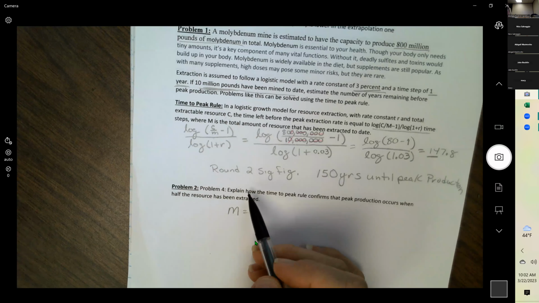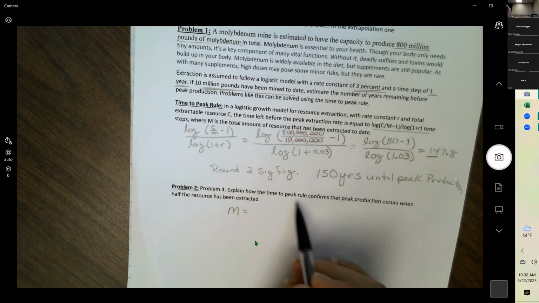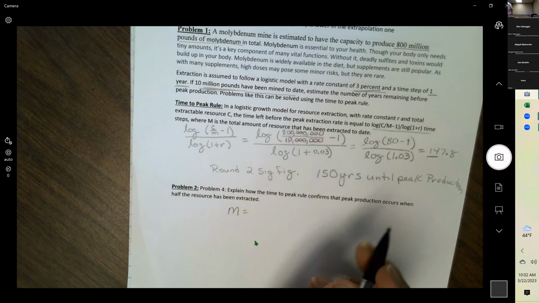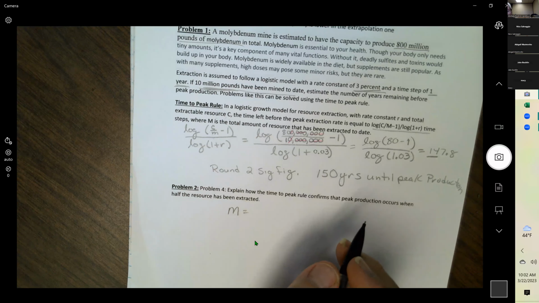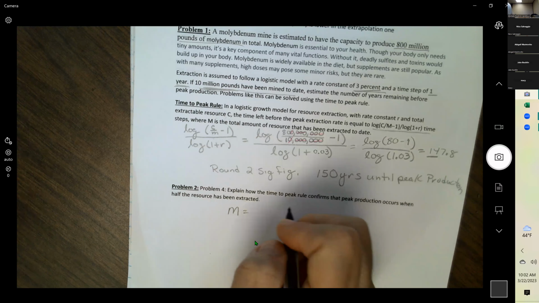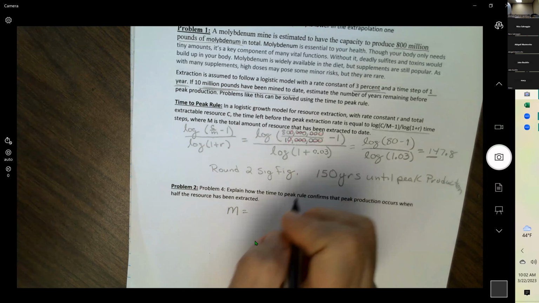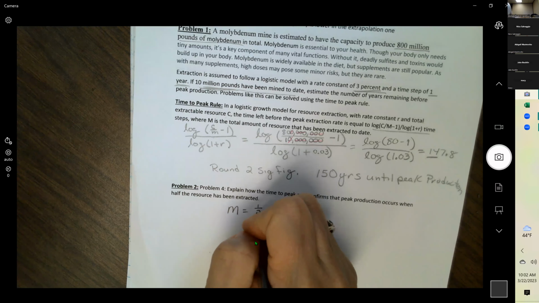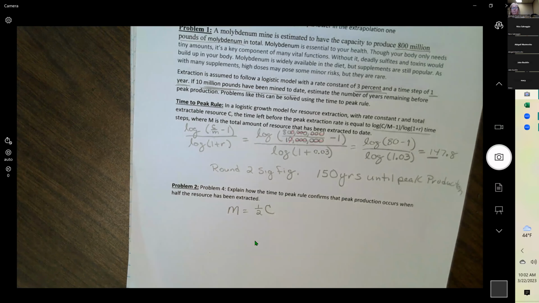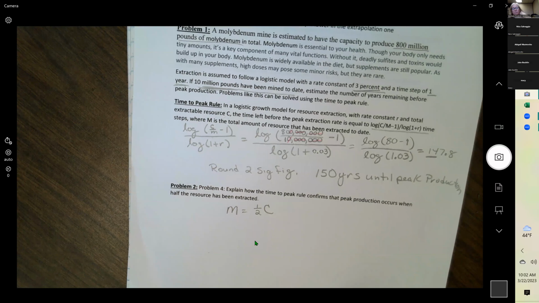So if we're finding our peak time, and they said it was when we have half of it. So it's saying when we mine half of it, then we're at our peak.